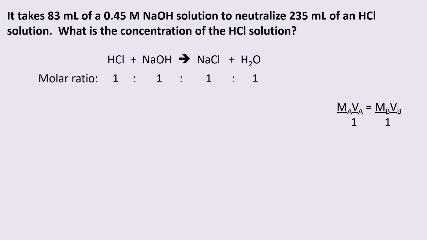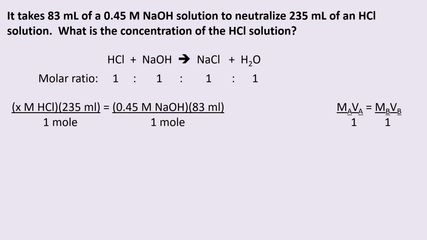We now use these values in the titration formula, where the denominator will be all ones. Inserting the information from the practice problem yields the following. X molar HCl times 235 milliliters divided by 1 mole is equal to 0.45 molar NaOH times 83 milliliters divided by 1 mole.